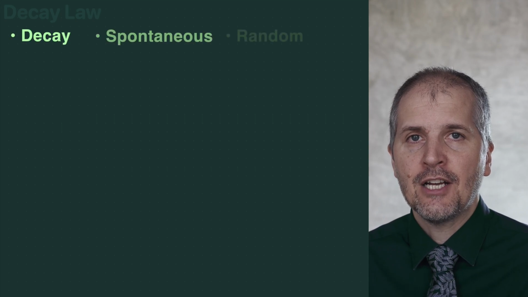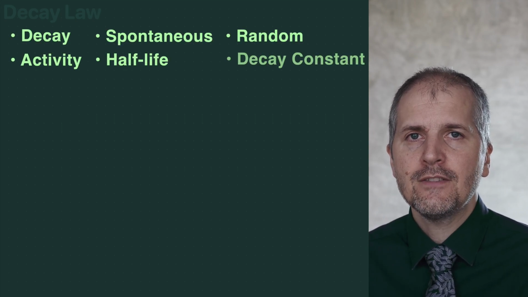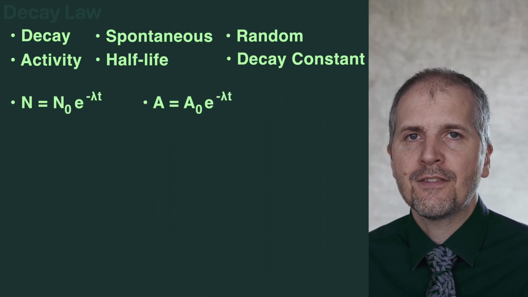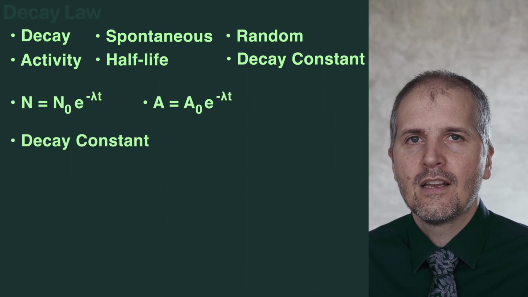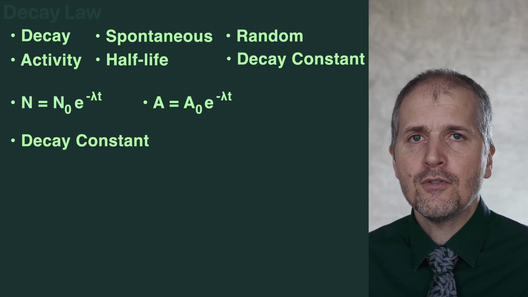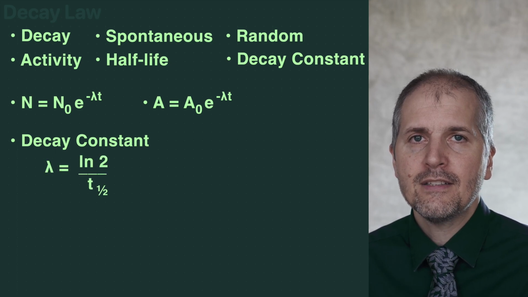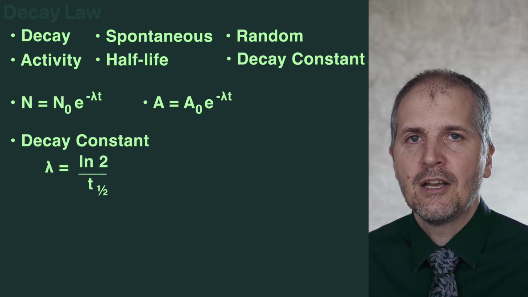So at the end we have some definitions for the key terms. We've got equations for the decay curve, and we've got a couple of different ways of thinking about the decay constant. The decay constant itself is really important because it gives us a handy way to calculate the half-life, but it can cause some difficulties because of the different ways we think about it.